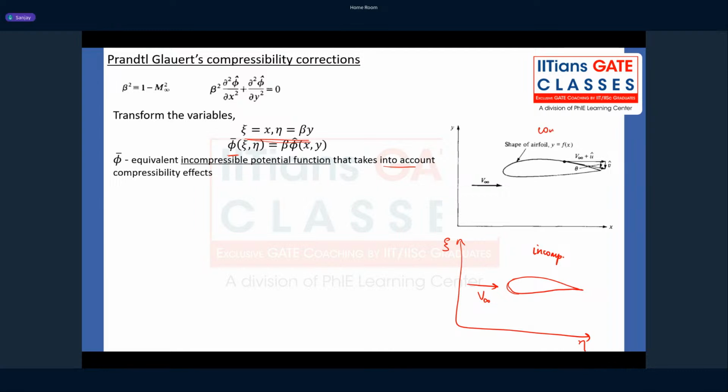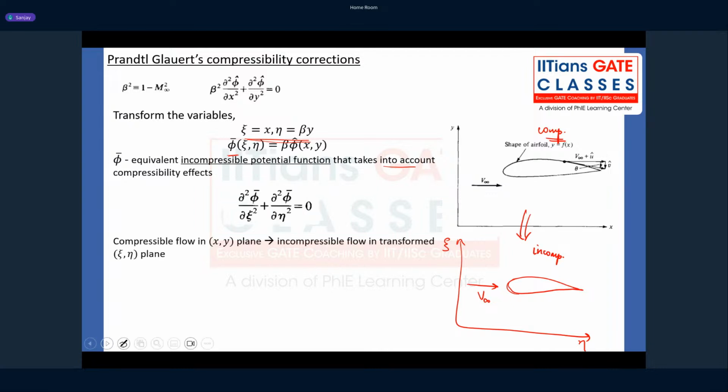But in reality, the flow in the xy plane is a compressible flow. So basically, compressible flow in the xy plane is converted to incompressible flow in the transformed plane.